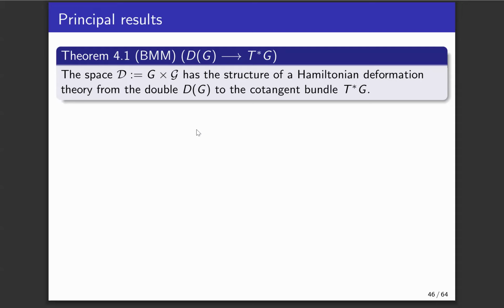And when we choose a suitable partition of unity, we can glue both of them to get a smooth two-form omega hat on this deformation space. So it was maybe the most challenging part when we wanted to deform the double of G to the cotangent bundle of the Lie group.